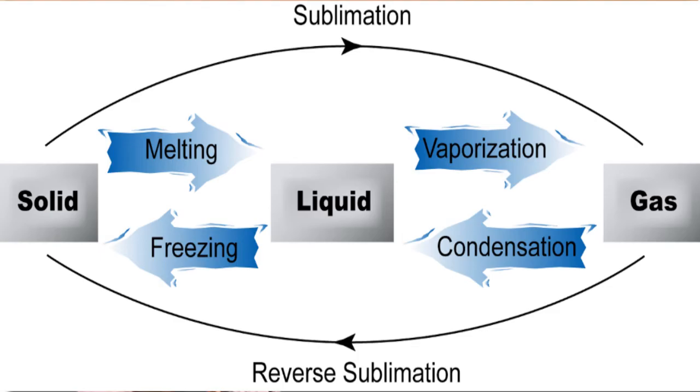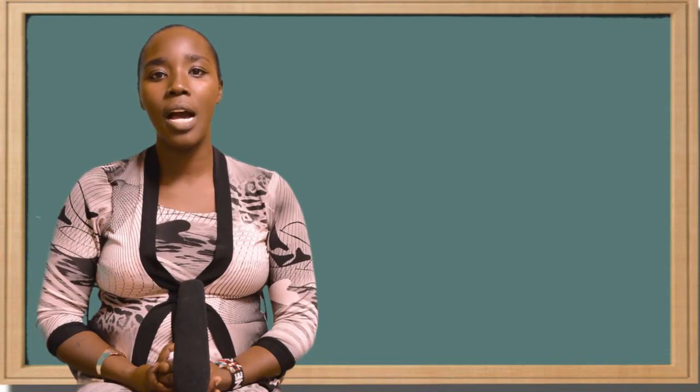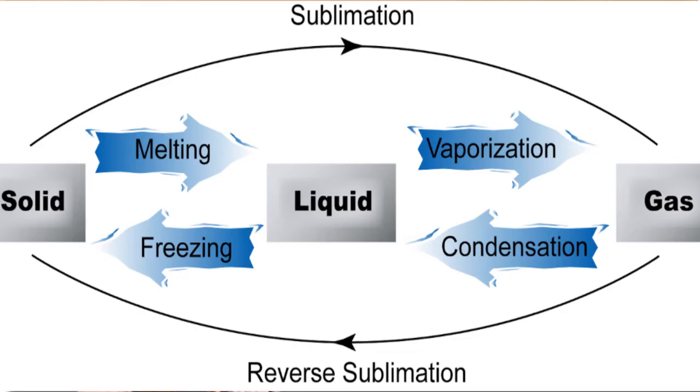If we also apply heat, the liquid will always change its state to a gas. On the other hand, if we decide now to cool down, the gas changes its state to a liquid, and the liquid also, if it is further cooled, it changes its state to a solid. So those are the states of matter and the way they are interconvertible.